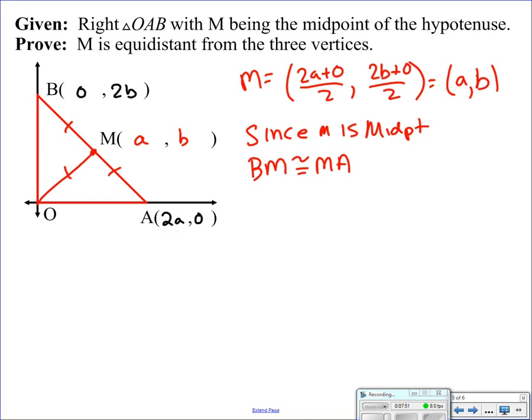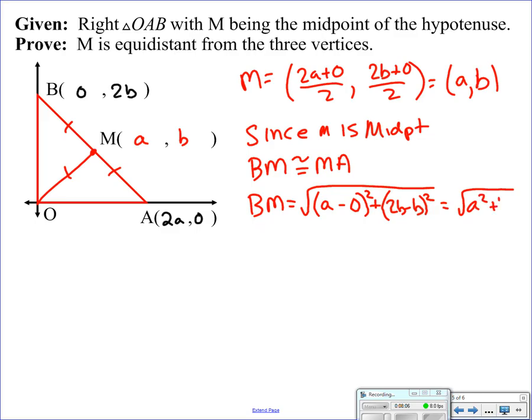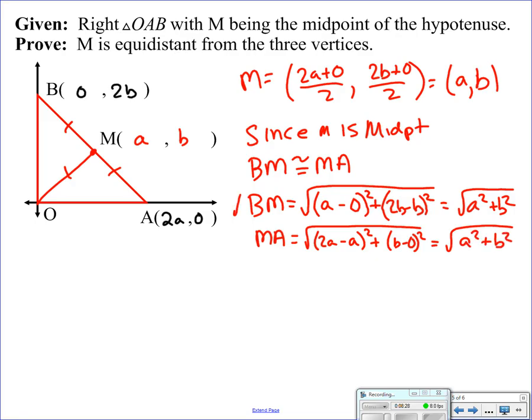So let's find what BM is. BM is the square root of A minus 0 squared plus 2B minus B squared. So that's the square root of A squared plus B squared. Let's just show, just for fun, what the distance of MA is. MA is 2A minus A squared and B minus 0 squared. So that's the square root of A squared plus B squared. So I've shown those two are equal.